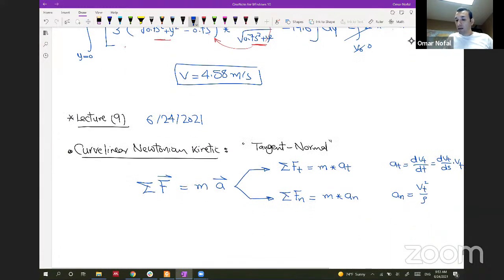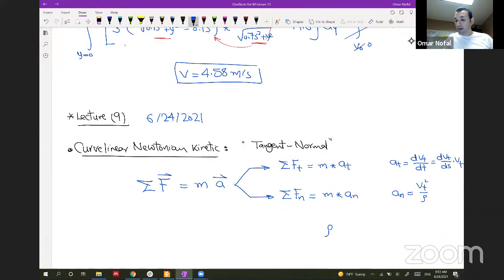If the path is given as a function y equals f of x, then rho is equal to the quantity 1 plus (dy/dx) squared, all to the power 3/2, over d squared y over dx squared. I believe it's right, yeah.